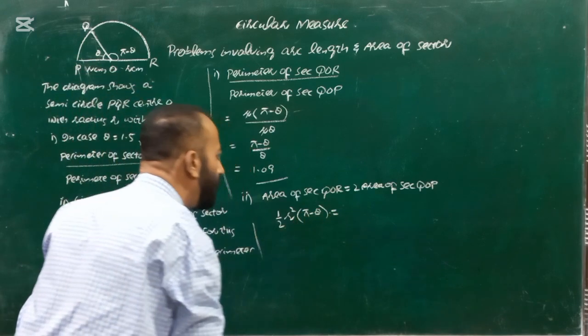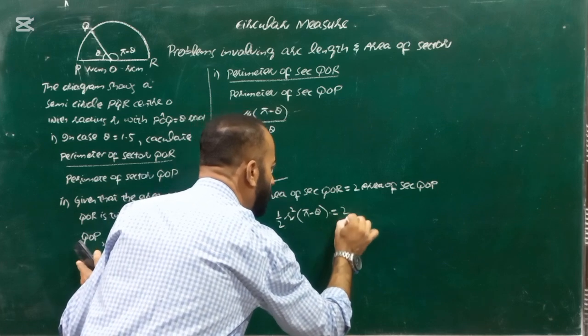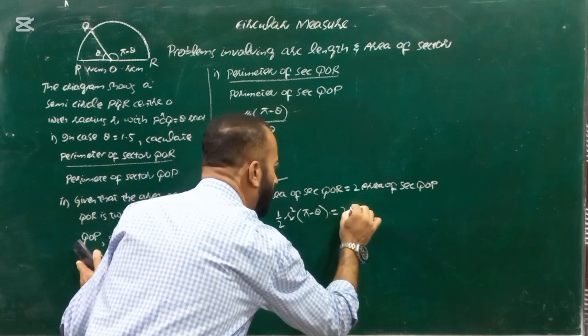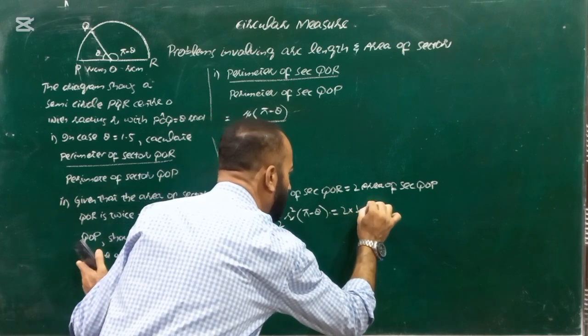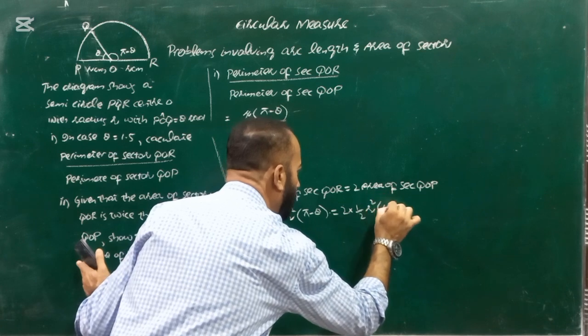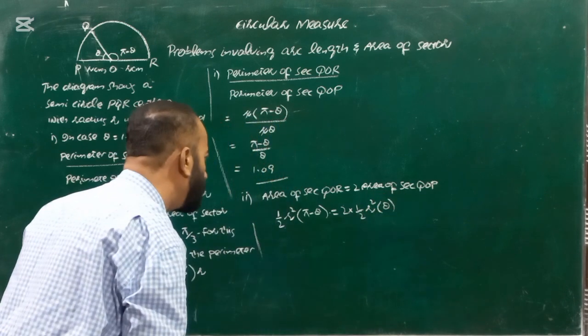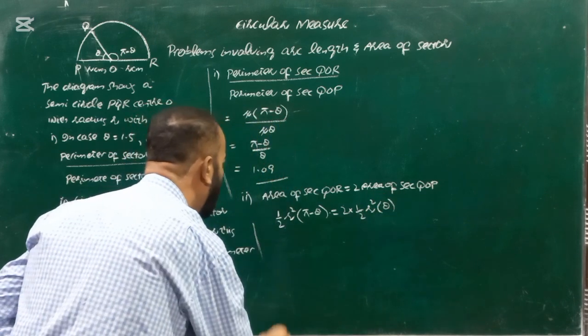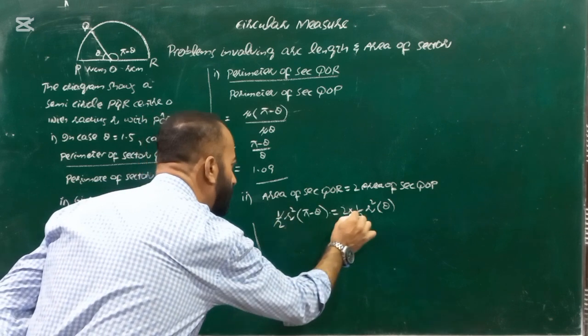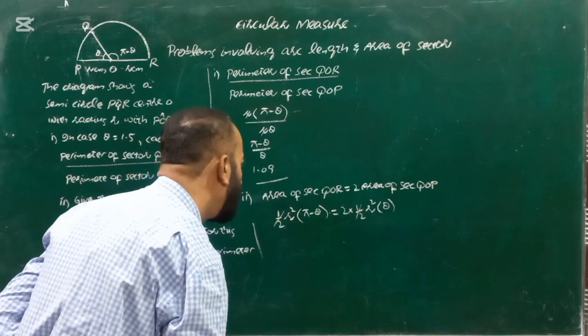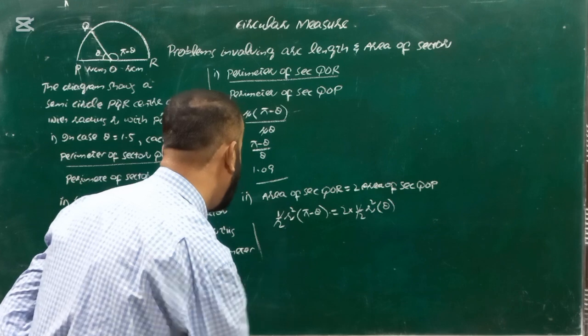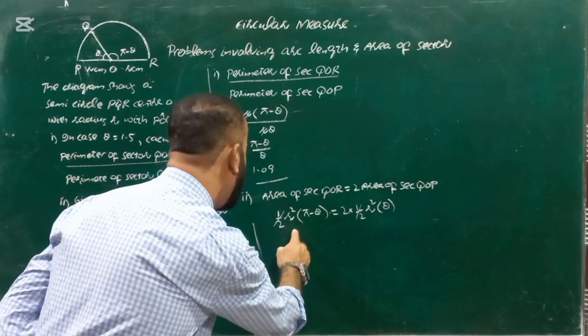On the right hand side, this 2 remains the same, and 1 by 2 r square theta. 1 by 2 will be cancelled on both sides, and this r square will also be cancelled.